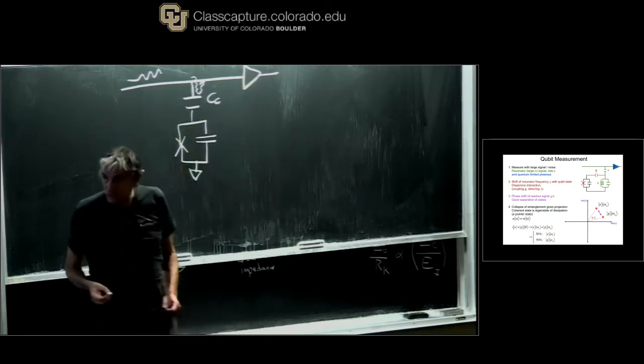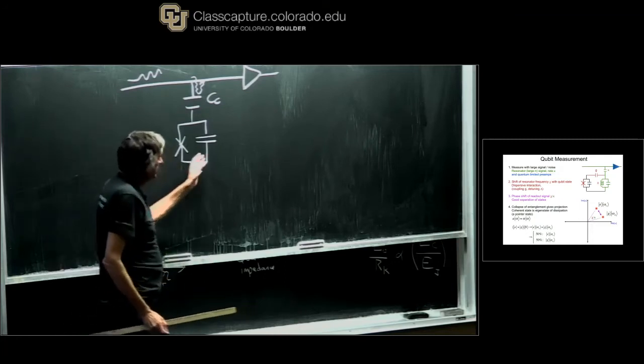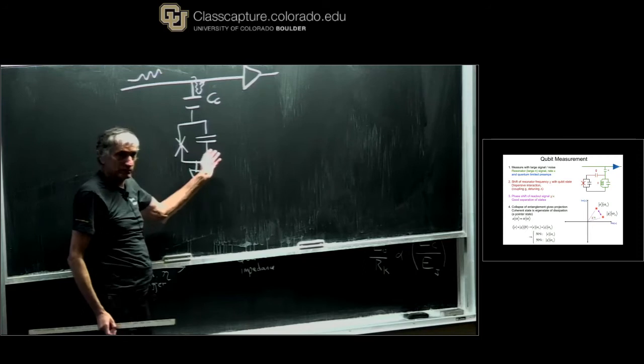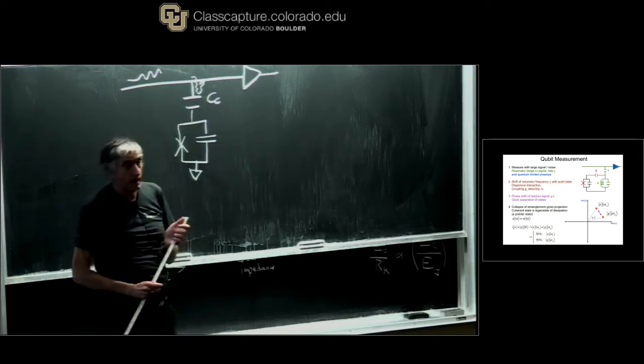As I was talking about with how we measured LC resonators, we can measure the resonant frequency and parameters of that. We should be able to measure it this way.